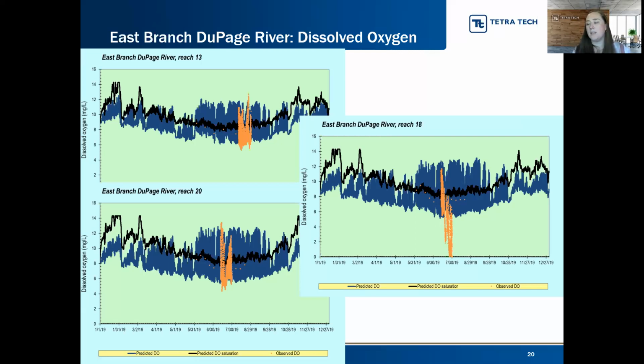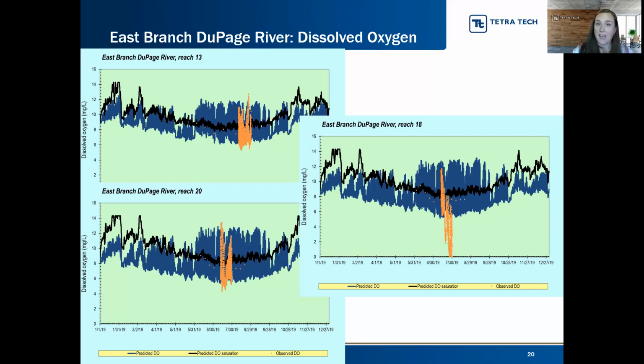So if there was, for example, a large storm event that came through and flushed sediment, or some sort of sensor fouling that caused an error in the sensor, or if algae had somehow gotten on the sensor and then washed off, not necessarily the case in East Branch, although there are some, or if there was a CSO outfall event with water quality associated with it that we don't know, that's sort of represented in the model output as well.